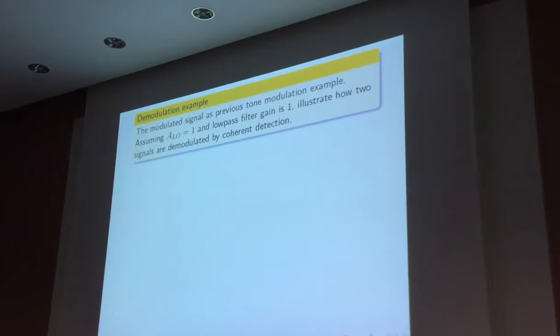For AM DSP, mu is equal to 0.5. In this case, assume at the receiver side the local oscillator gain is 1, A_L equals 1, and the low pass filter gain is also 1. Then illustrate how the two signals, AM DSP and AM DSP SC, are demodulated by coherent detection.